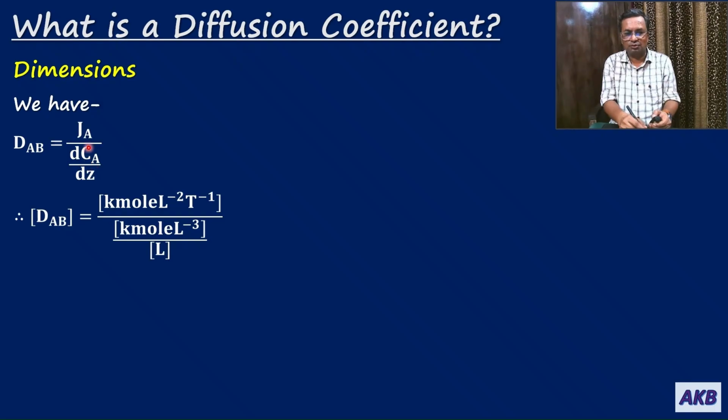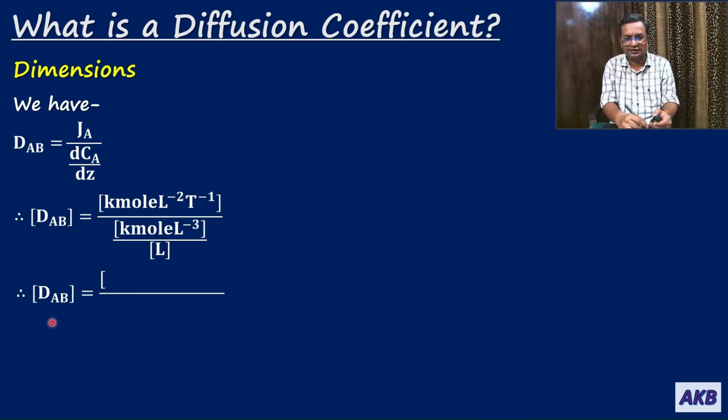The unit for molar flux is kilomole per meter square per second, so the dimensions are kilomole L raised to minus 2 T raised to minus 1. For the concentration of A, the dimensions are kilomole into L raised to minus 3, and for the distance, the dimension is L.